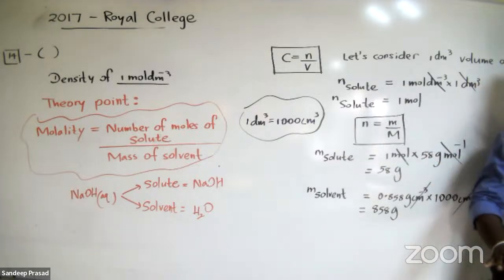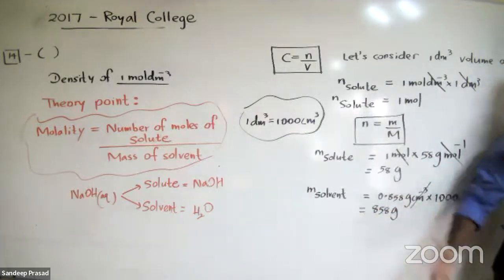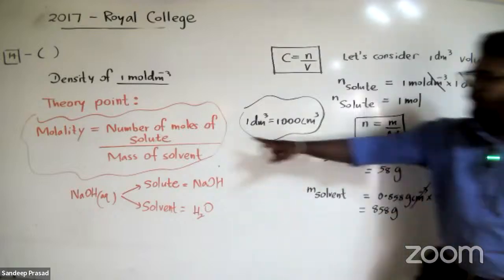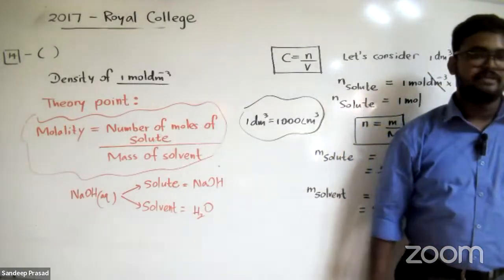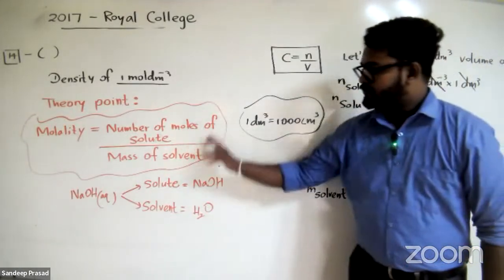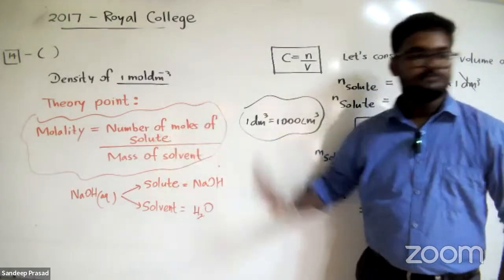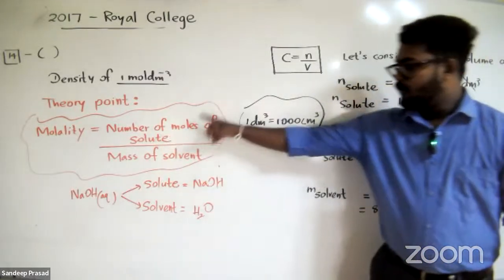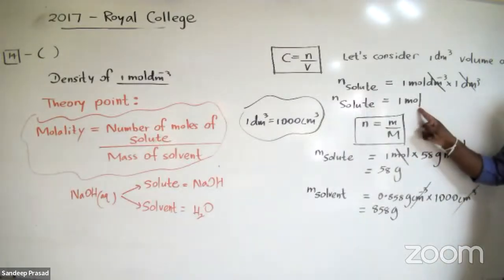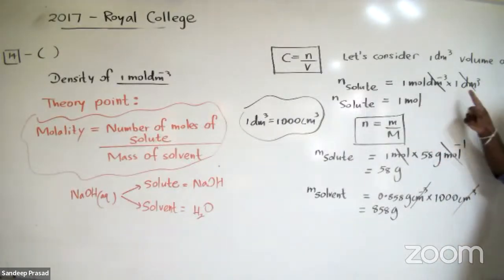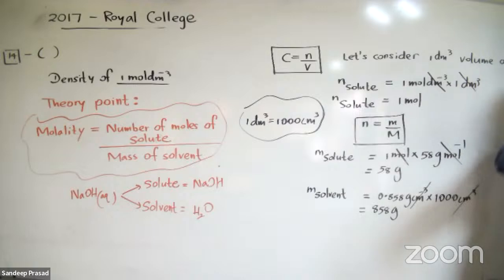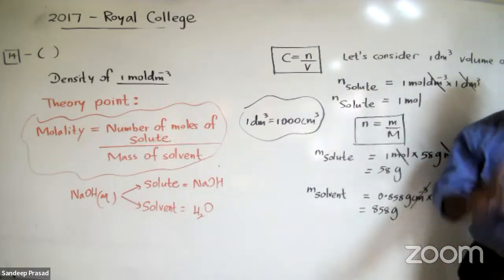No, we have to consider the volume as 1 cubic decimeter. If not, we cannot go for the answers. Because in order to find the molality, what are the two parameters we need? Number of moles of solute and the mass of solvent. Moles of solute we have obtained: 1 mole. How did you obtain that? By multiplying the volume. Therefore, we need to take the volume as 1 cubic decimeter.